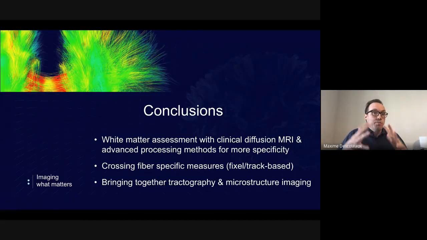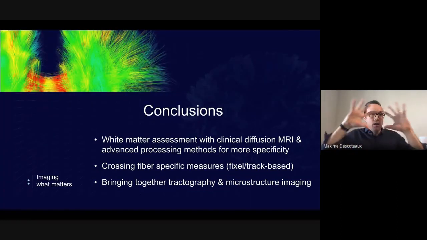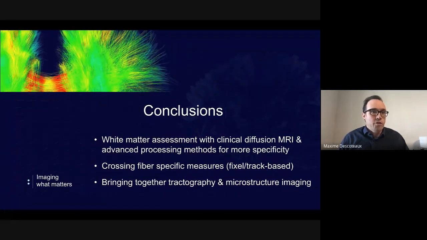The importance of being sensitive to crossing fibers and to different fiber tracks and pixels. And this was a perfect illustration of cutting-edge technology bridging tractography and microstructure imaging, but in a pharmaceutical clinical trial setup where we don't necessarily have access to the fancy human connectome projects and fancy scanners that us researchers have.